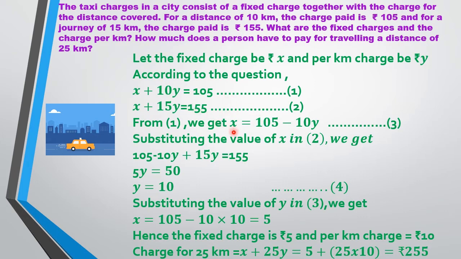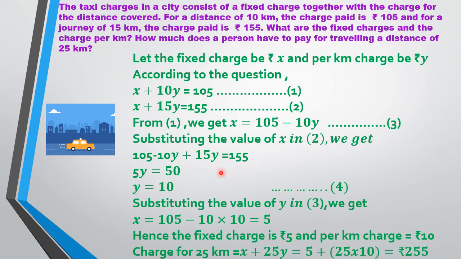Hence we will substitute it in which equation? It means we will replace this x by 105 minus 10y, but in which equation? In equation 2. So here it is. We are replacing x with 105 minus 10y, and then plus 15y is as it is, and in RHS 155 is also as it is.